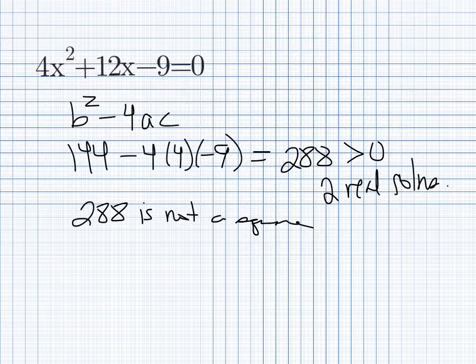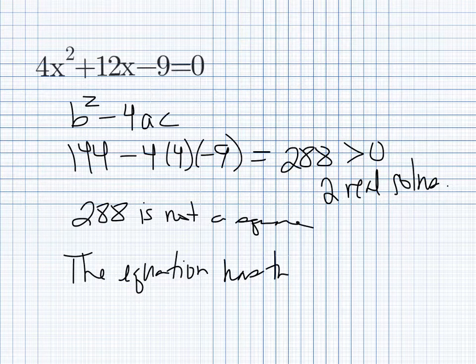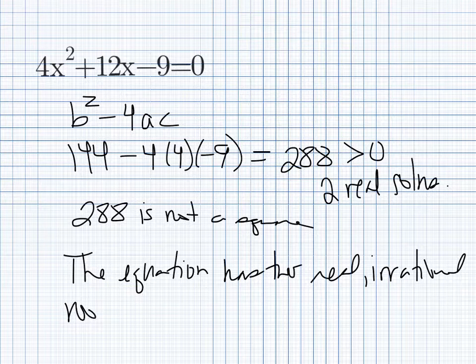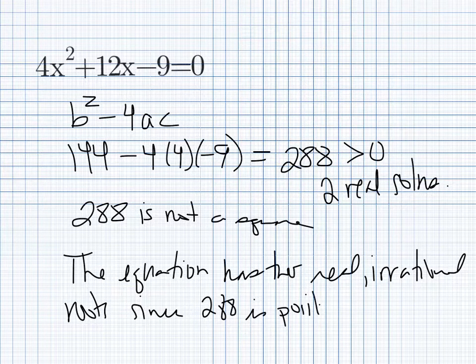So since 288 is not a square, we can conclude that the equation has two real, irrational roots, since 288 is positive but not a square.